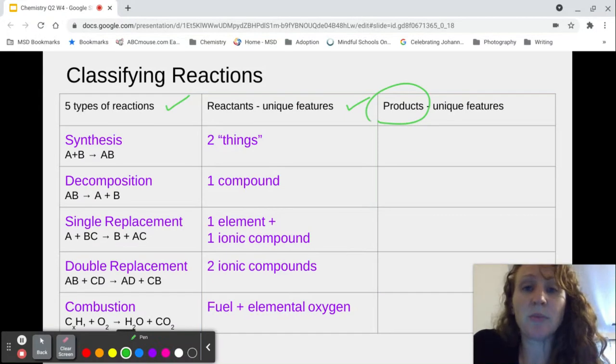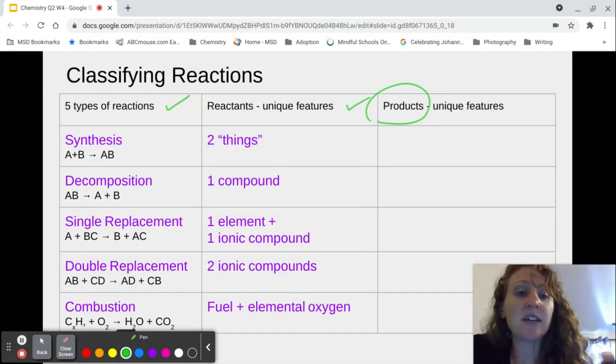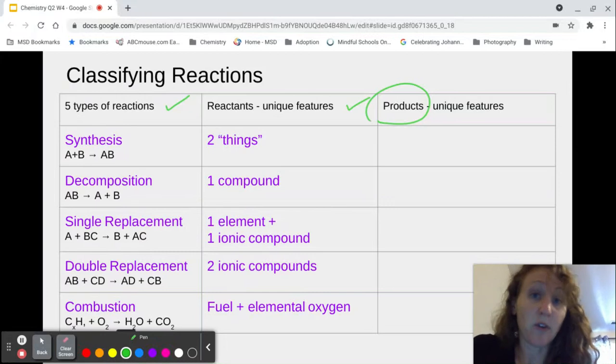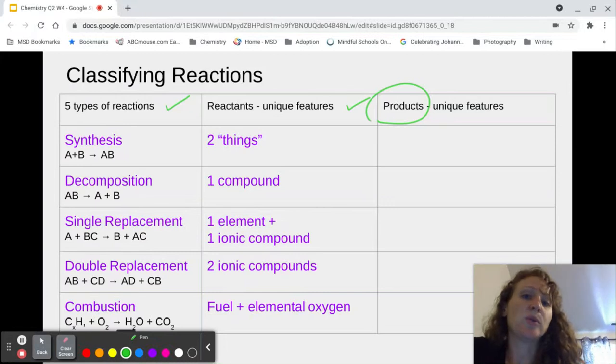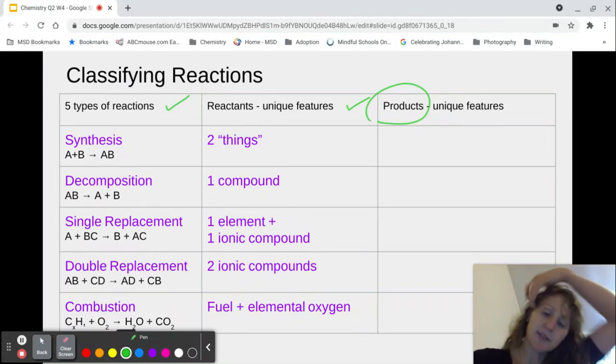So this would be a really good place to pause the video and see if you can pull out what is the thing that is unique about this reaction that is true for this type of reaction, but not any of the other four, that I can use and tell you, yes, this will be my product. So pause here, try to do that for the 5 types of reactions.